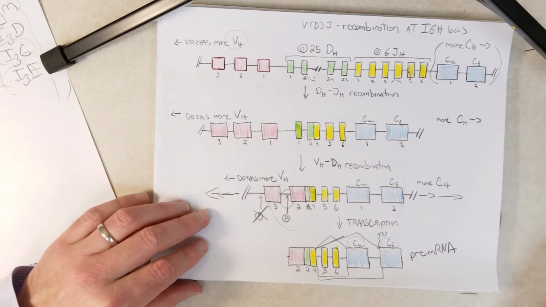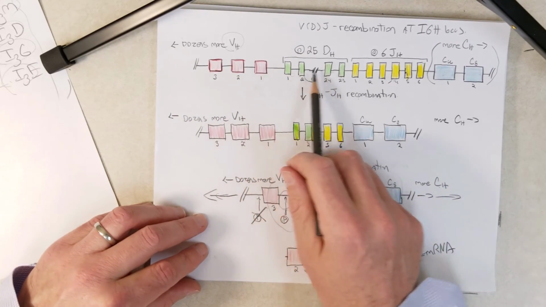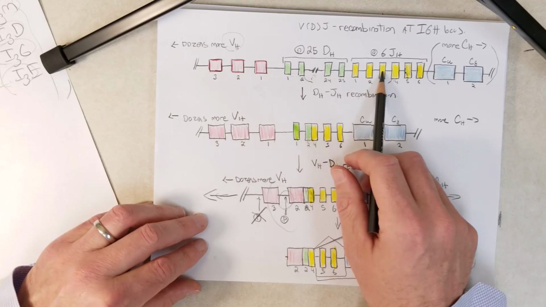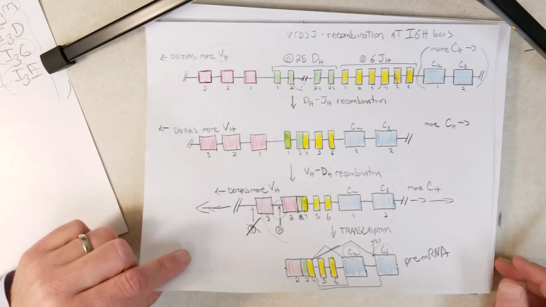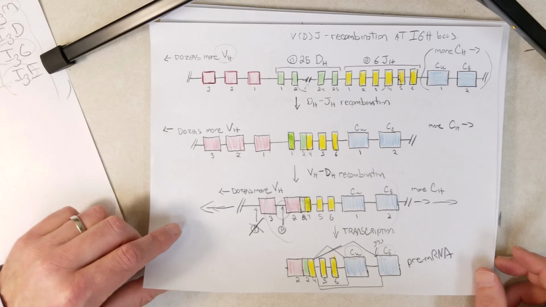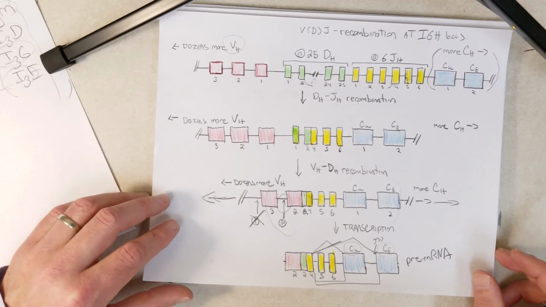What I really focused on here was how these different segments are joined together and how they can be transcribed and translated to make the light chain and the heavy chain.